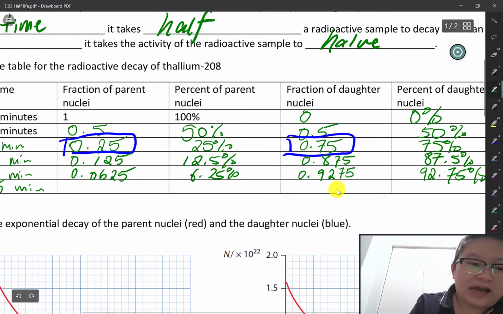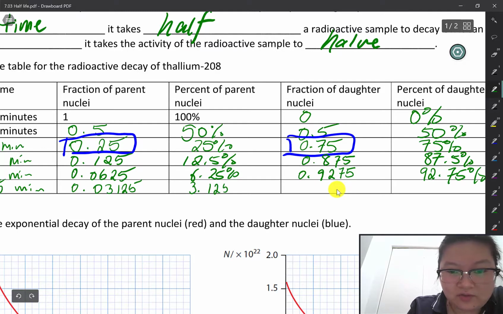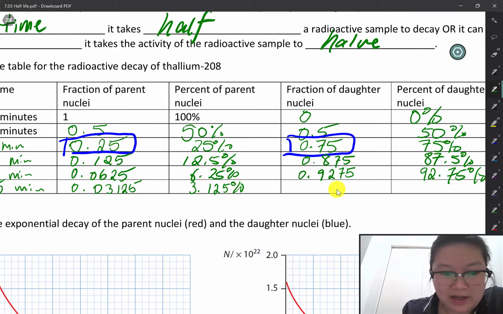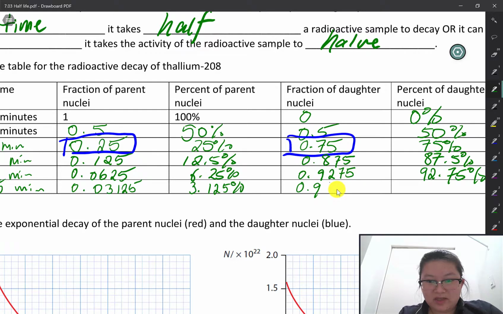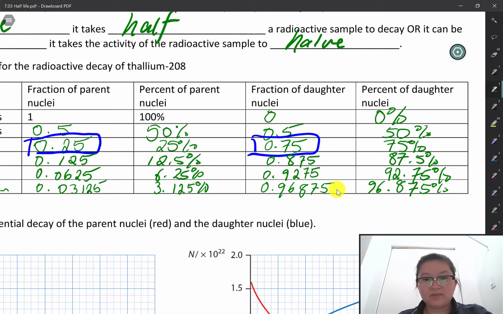Again, half of this is 0.03125, so 3.125% is left. And the fraction of daughter nuclei, adding that again, gives a total of 96.875%.